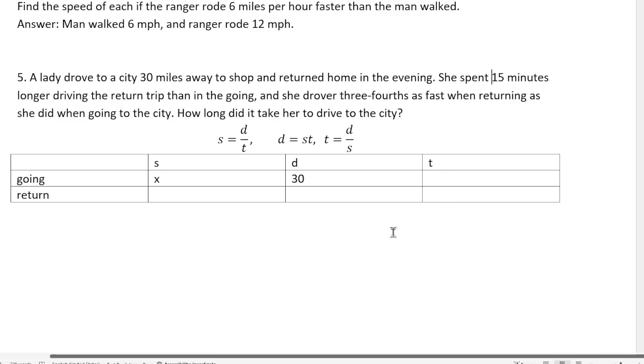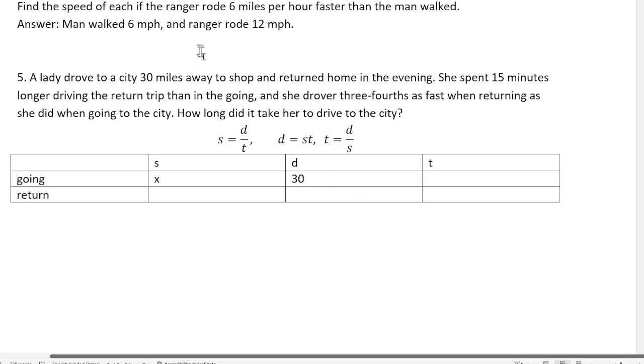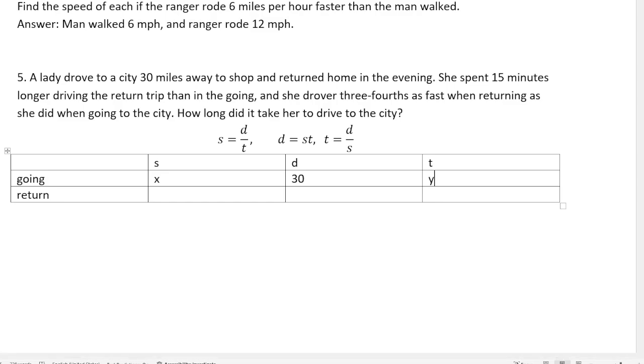And here, one thing that we should make sure is what to do with the time. Since we were using hours before, let's stick with hours, but definitely you can solve this using minutes as well. But I want to put time is unknown, so it's y.